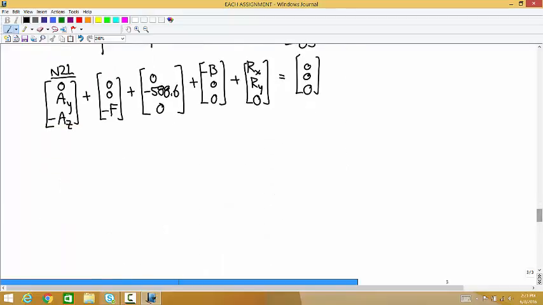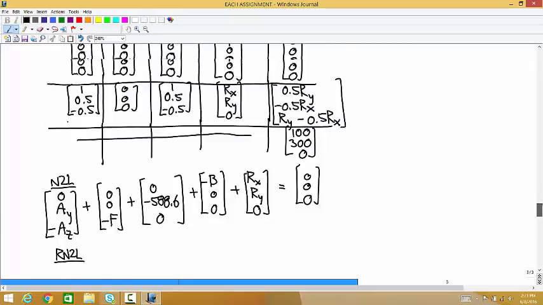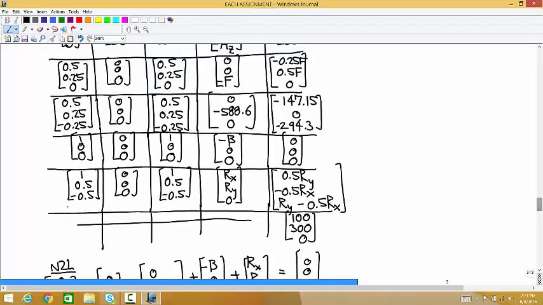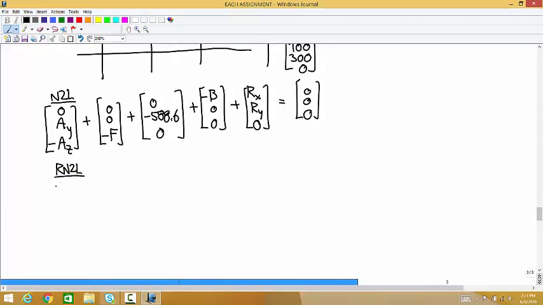And then the rotational equation. Negative 0.25 F, positive 0.5 F, 0.